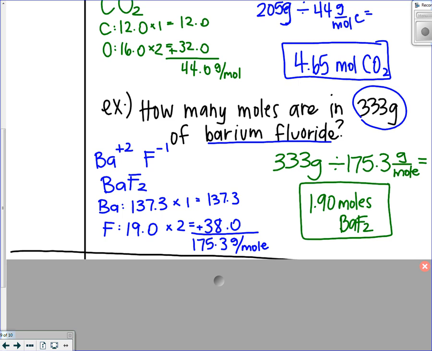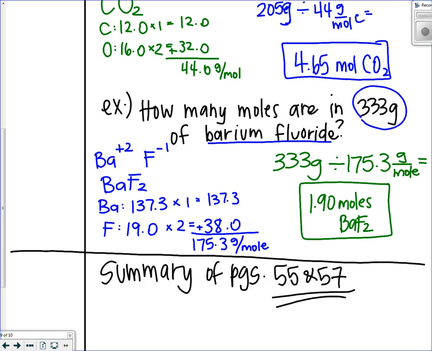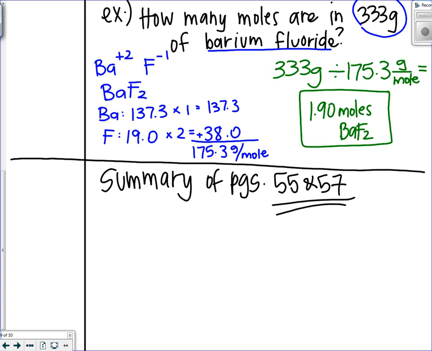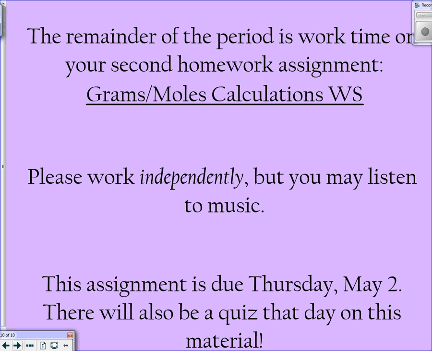So what I need you to do now and for the remainder of the period, first thing is on the bottom of page 57, I want you to give me one summary for 55 and 57. So just group it into one. I'm only going to be looking for that summary on page 57. Then once you've written that summary, you have the remainder of the period to work on your second homework assignment.